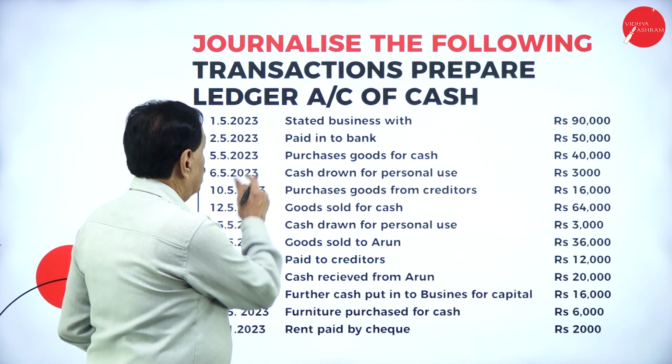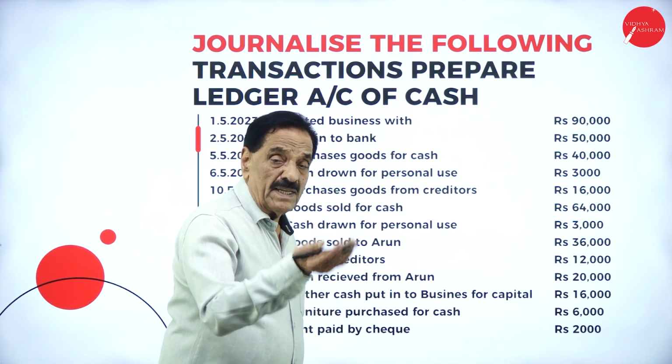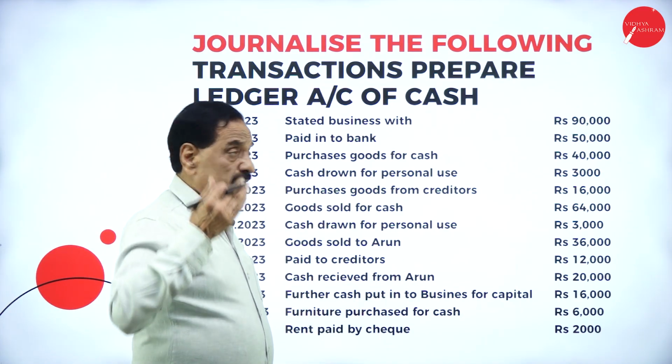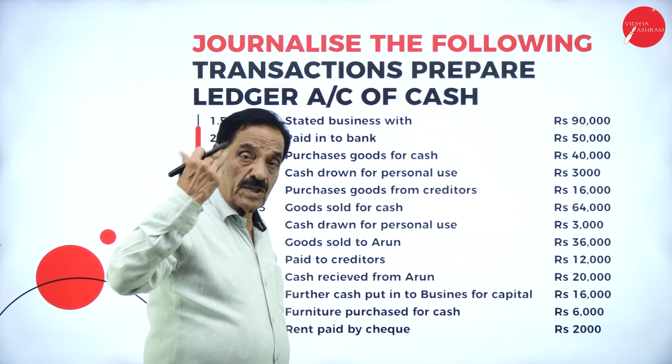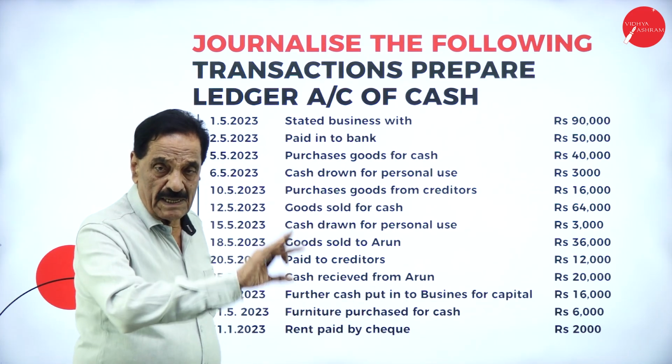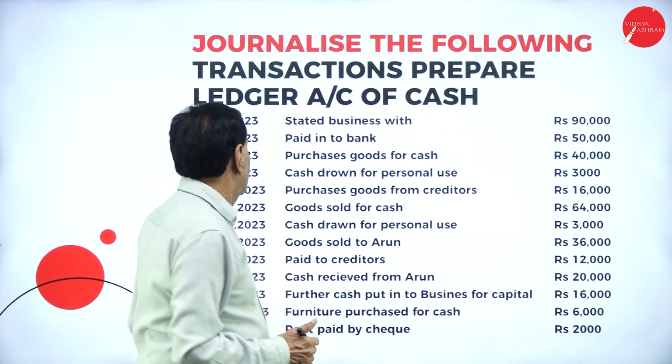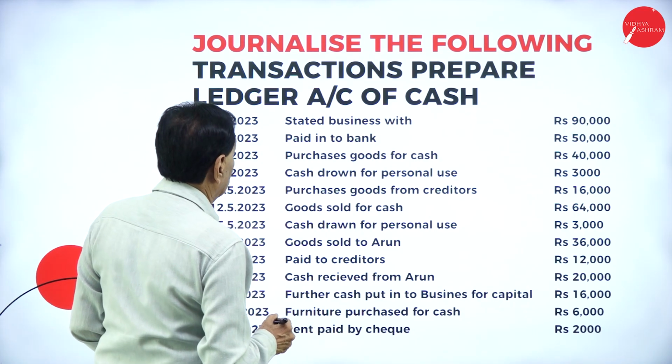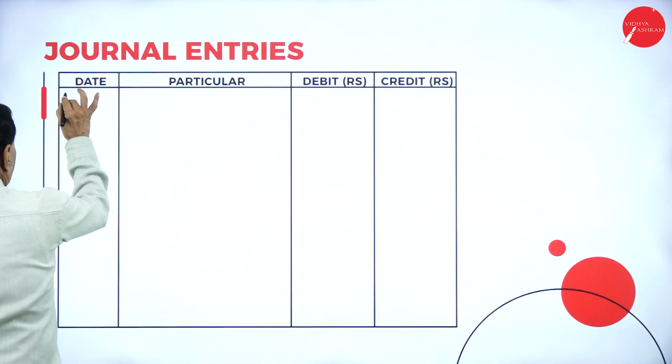We'll start. Started business means what is coming in? Cash is coming in for the sake of capital. The person who contributes is a personal account. Debit the receiver, credit the giver. On which day? 1/5/2023.